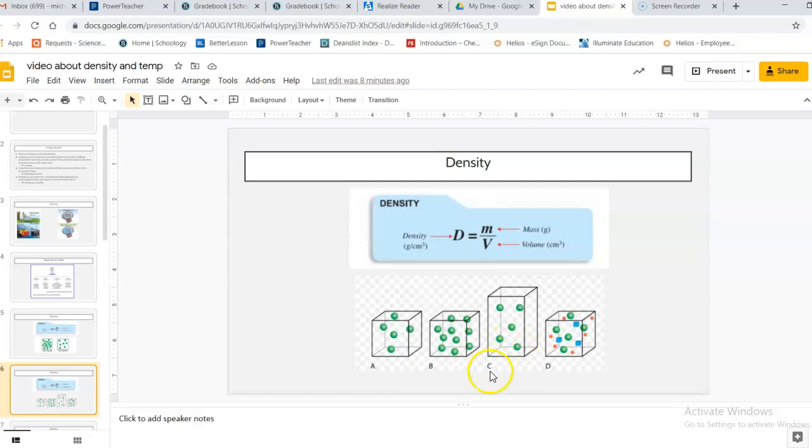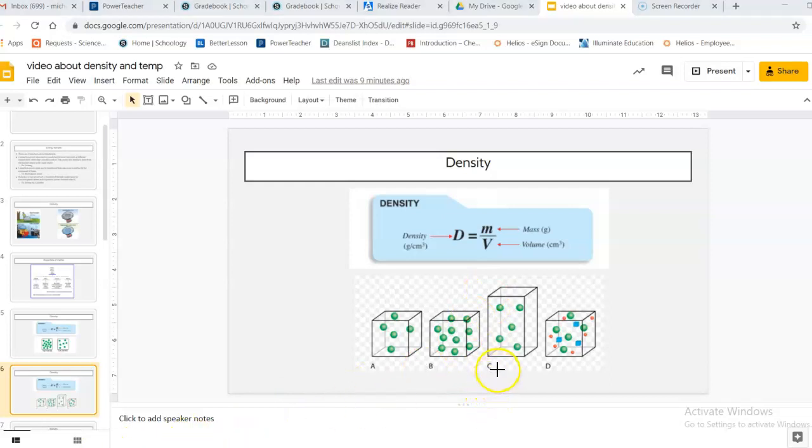But now let's look at C versus A. They both have the same number of dots, 5 and 5. However, look over here, C has way greater volume. Therefore, the atoms are not as tightly packed. So C would be the least dense. Okay, so let me try to write that down.